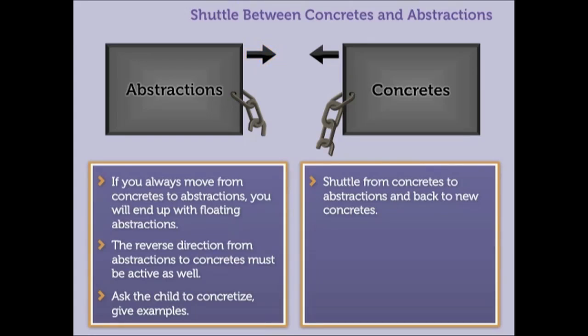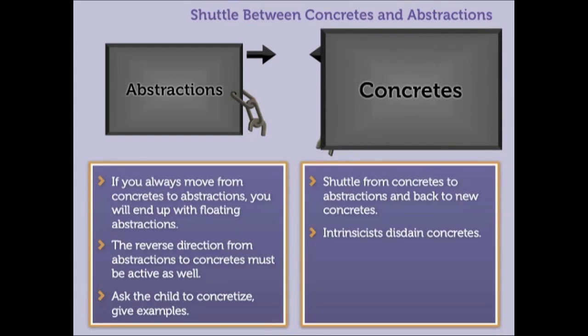Now, this kind of shuttling back and forth, which I think is unique to the objective approach to education, is dispensed with by the other two. Why is it dispensed with by the intrinsic school? The intrinsic school is the rationalist, the floating abstraction school. So they are disdainful generally of examples or concretes.